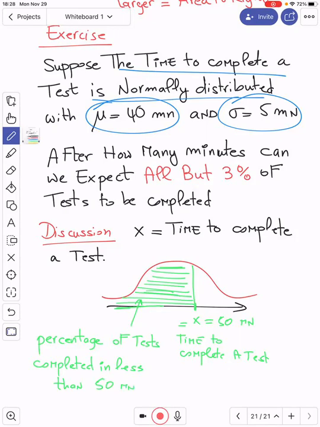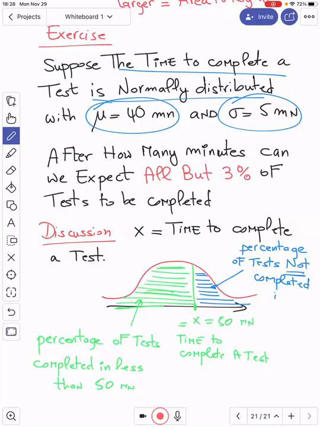And the area to the right is the percentage of tests not completed after 50 minutes.